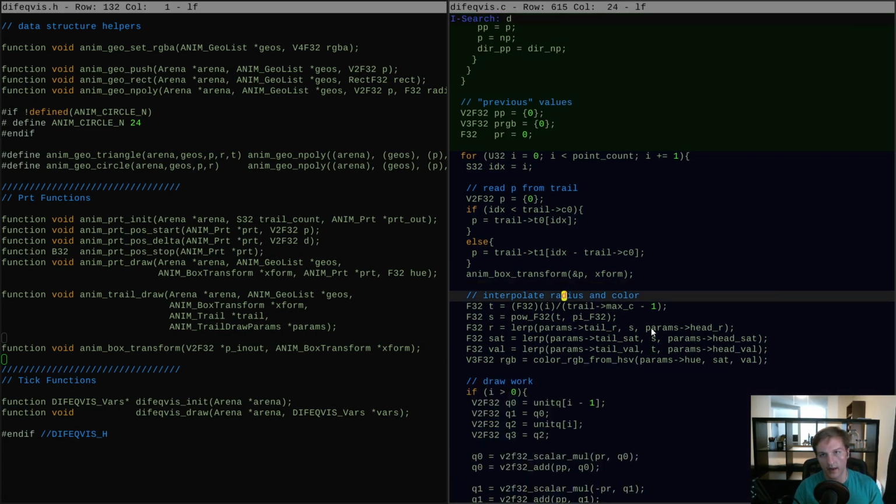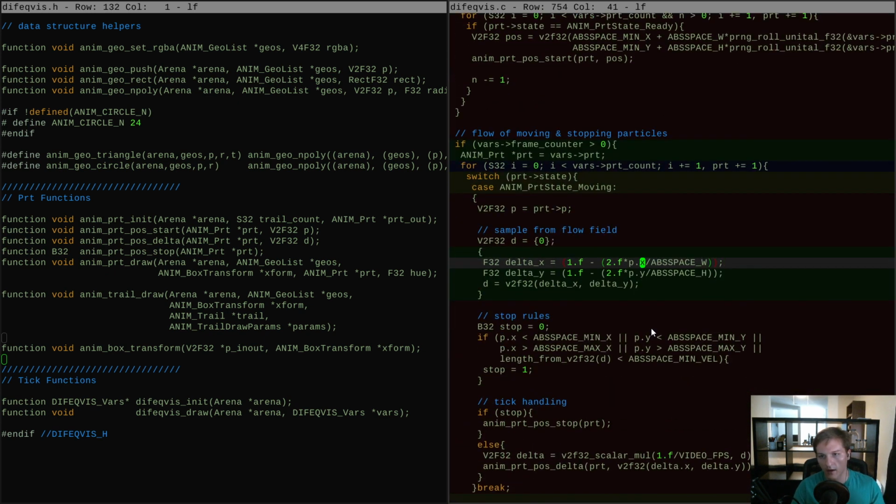So let's go look at how we're calculating that delta. Our current equation here says that the change in x is equal to 1 minus 2 times the change in x normalized by the width of the whole space. So it becomes 1 or negative 1 on the edges.